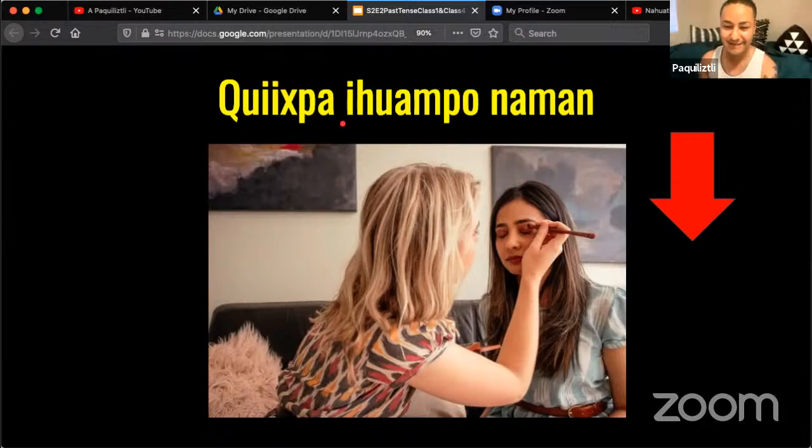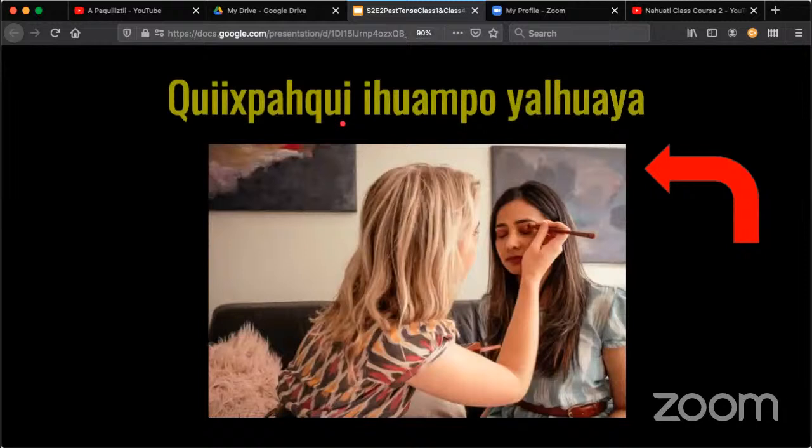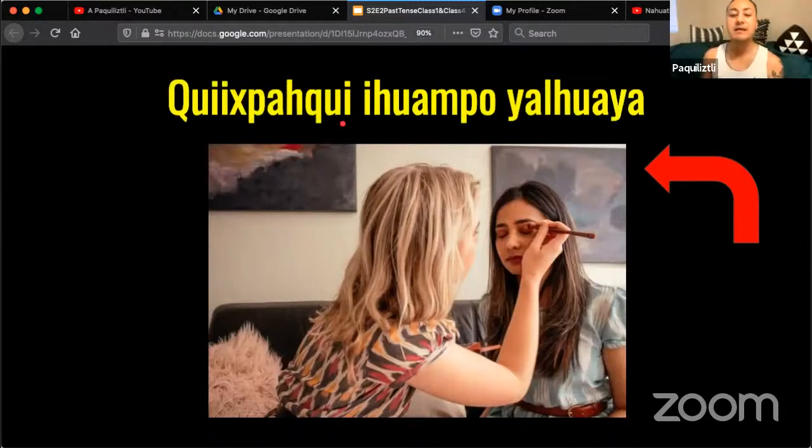Ixpa. So ixpa is paints right now. Paints her face right now. But ixpahqui is the past tense. Tlempanok. So iwampo. Wampo means friend. So iwampo, her friend. So ixpahqui iwampo yalwaya. She painted her friend's face yesterday.